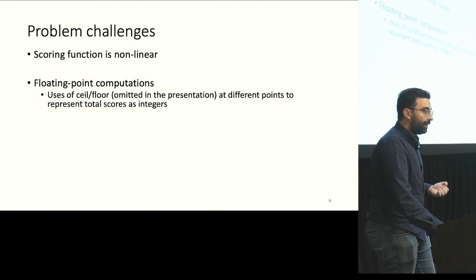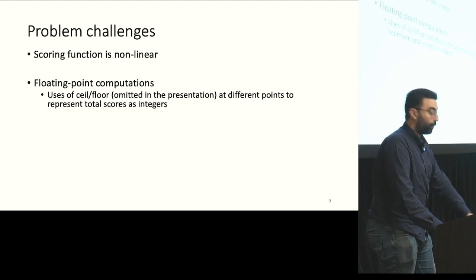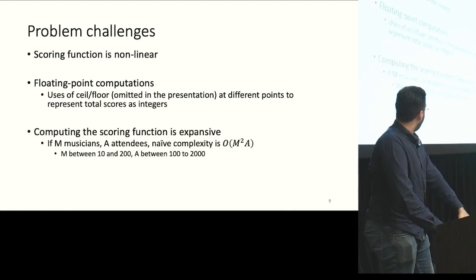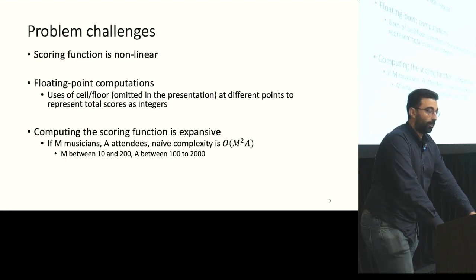And apparently, despite saying, oh, you just have to follow the IEEE standards, that's not a valid answer for some programming languages. So that's when I was very grateful to have written this whole thing in OCaml, where you actually have a great floating point library. And on top of that, for an optimization problem, computing the scoring function itself was kind of expensive.